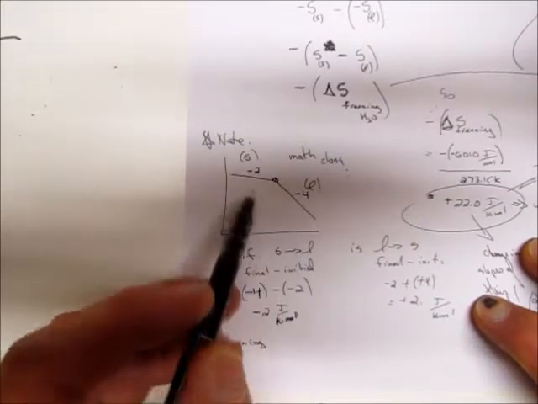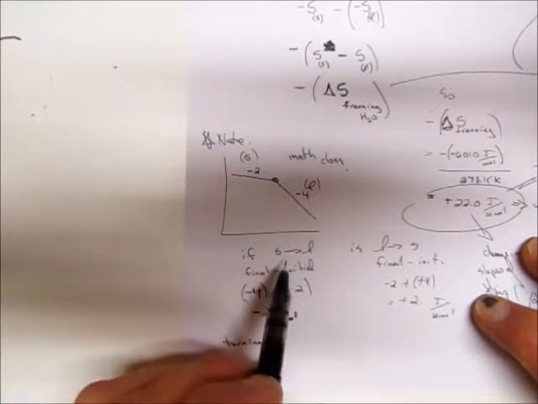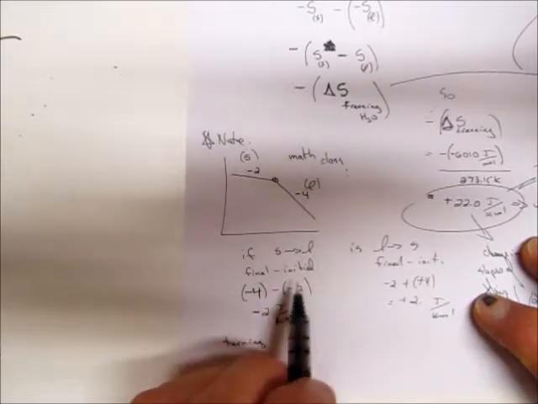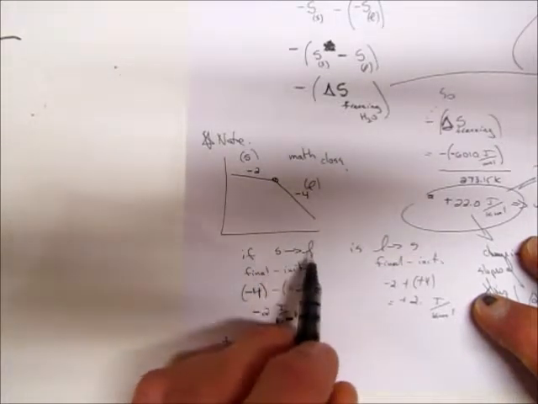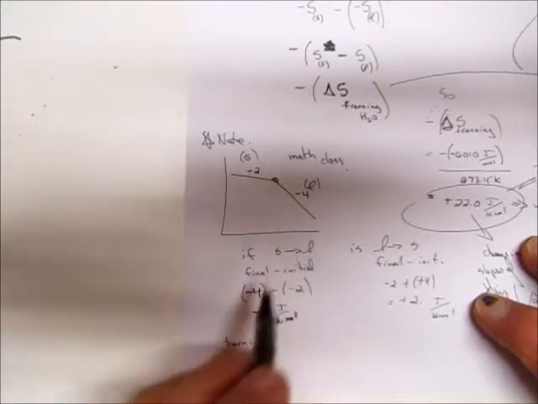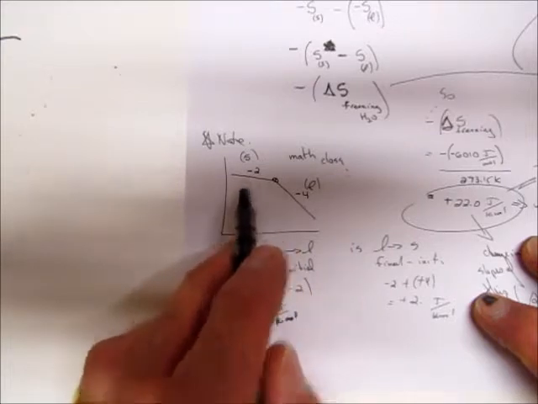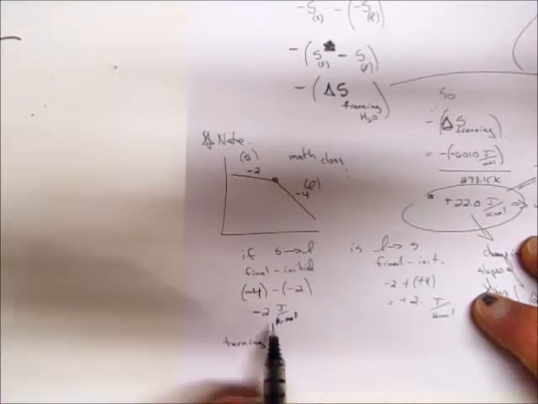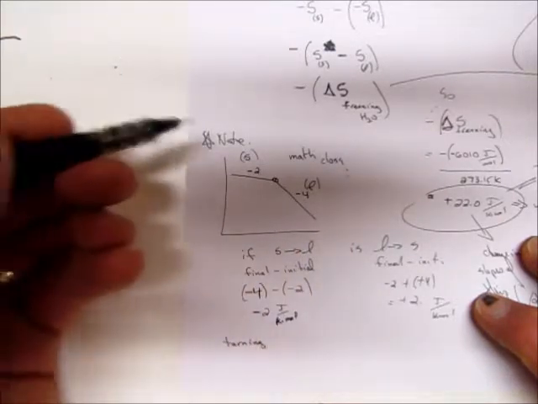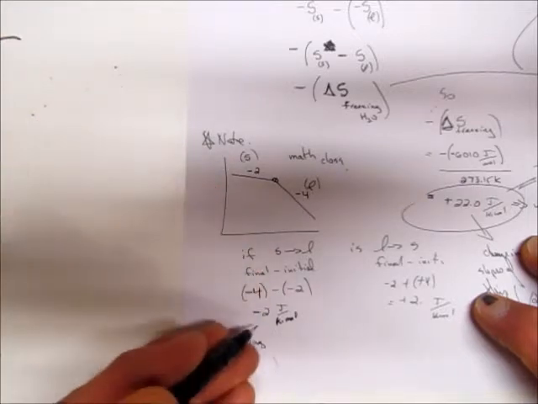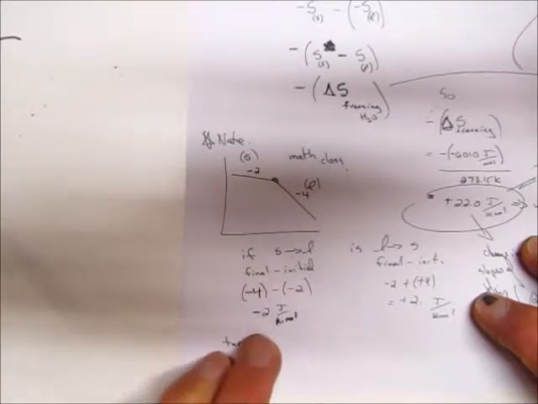If we were to traverse this from solid to liquid, then the change in the slope of this graph would be final, which would be that of the liquid, which is -4, subtract off that of the initial, which was a slope of -2. So the change in slopes, going from solid to liquid, would be -2 joules per K per mole.